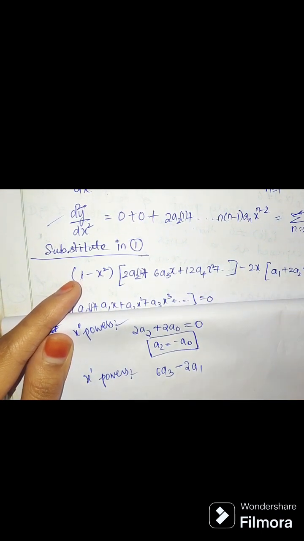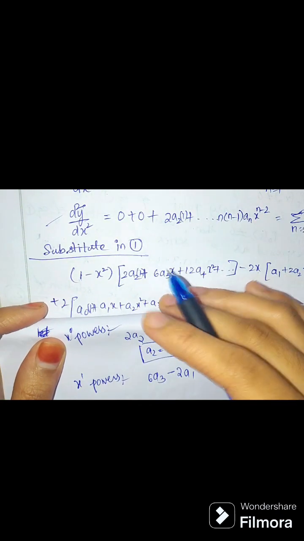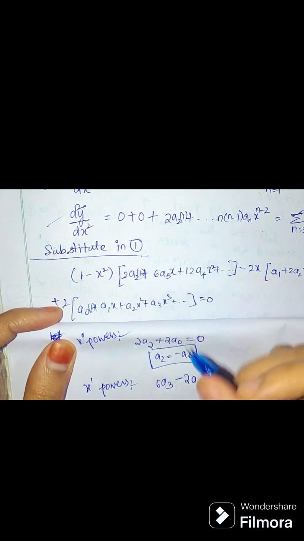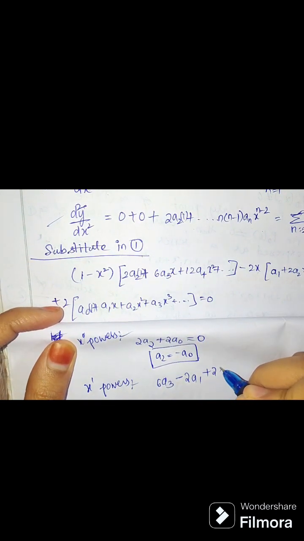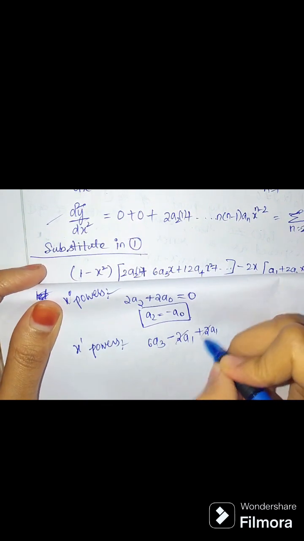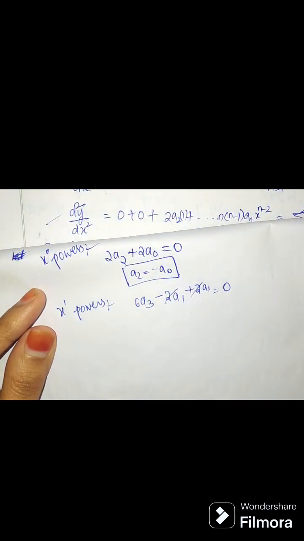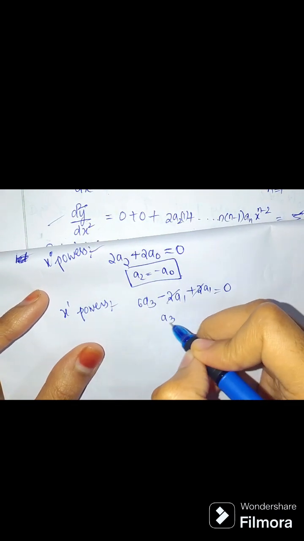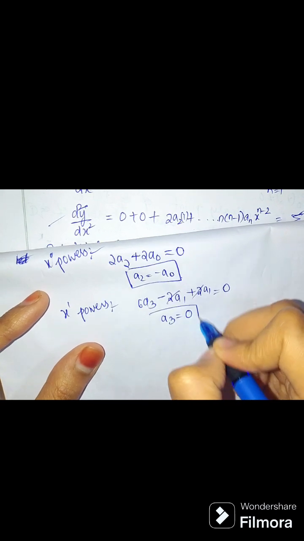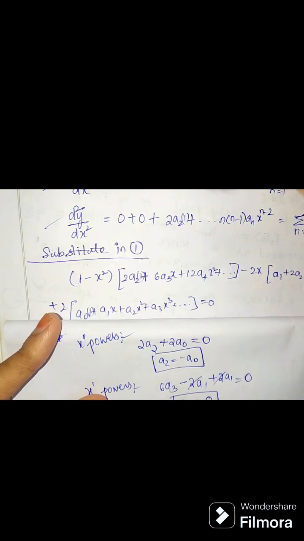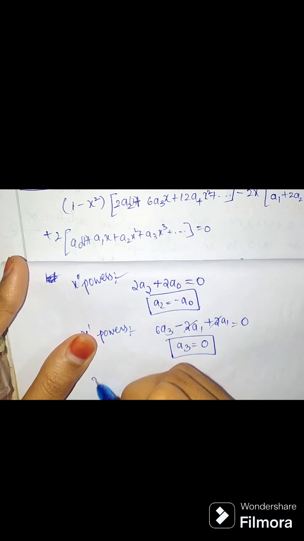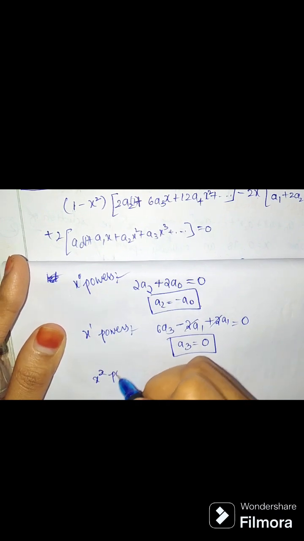And here 2 into a1x, I can write plus 2a1. Now this side it is 0, so here I'll get a3 as 0. Next we'll see the x square terms.